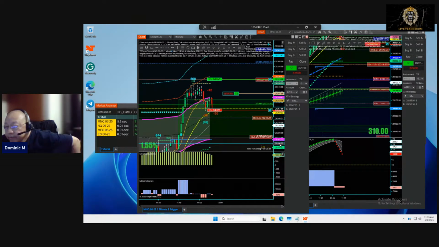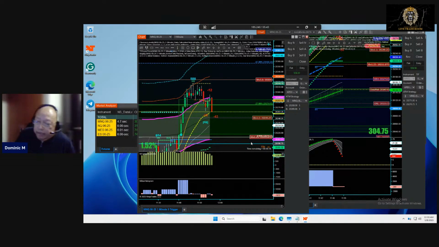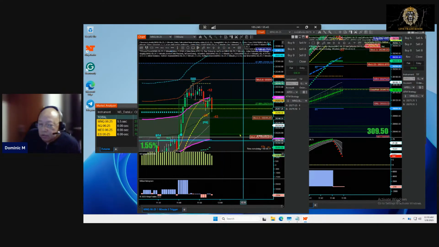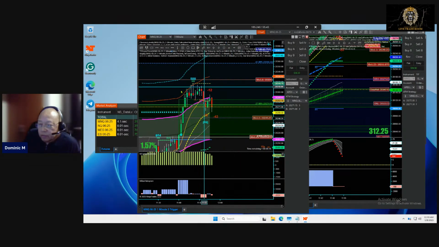Let's see. Stop filled. There we go. I only need 58.50, which, like I said, I'm going to trade the afternoon session. That basically went up to the 2.5 deviation and came back down. So that's fine.